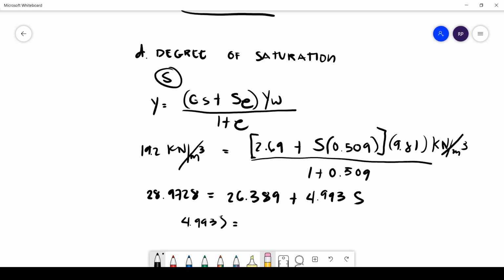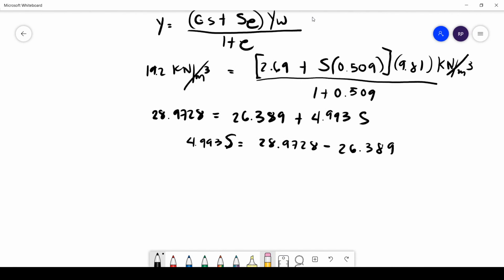Yeah. And then we have 4.993 S. This is S is equal to 28.9728 minus 26.389. That is 2.5838. Okay, wait lang. 2.584.